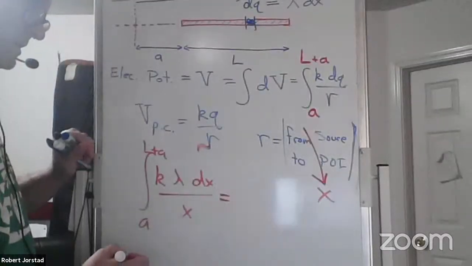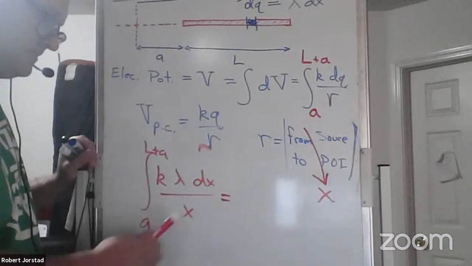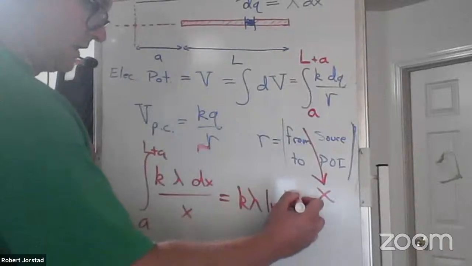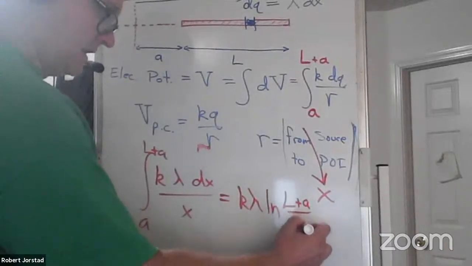K and lambda pull out. Natural log of x. So do you agree that's going to be log of the upper limit over log of the lower limit?